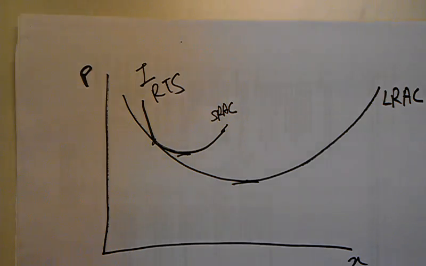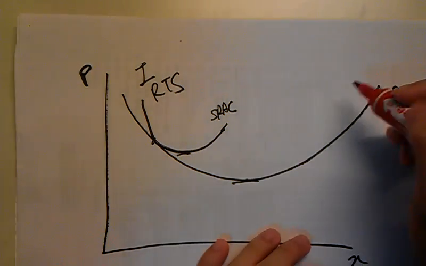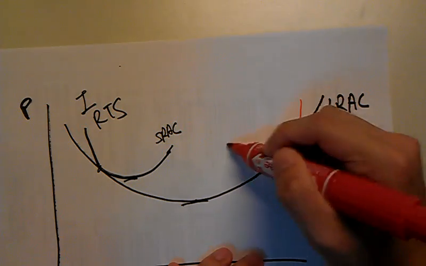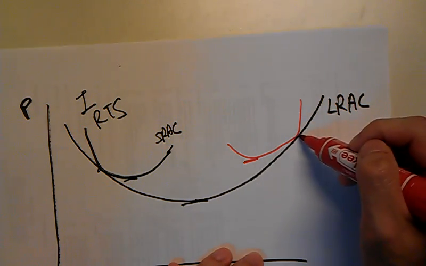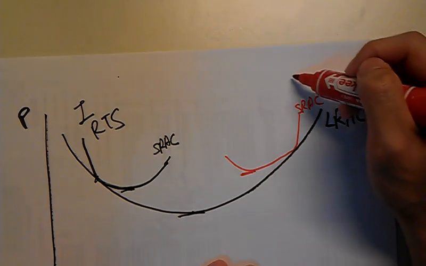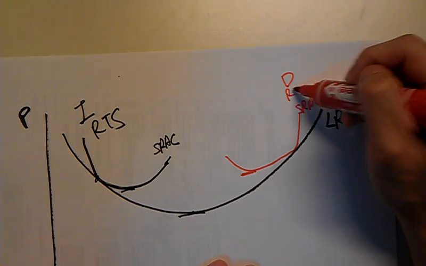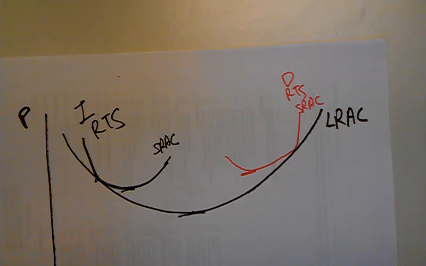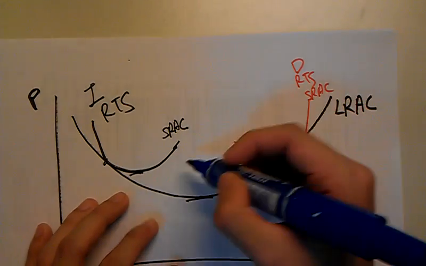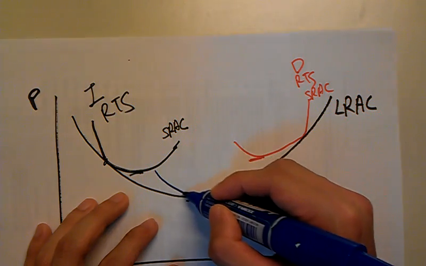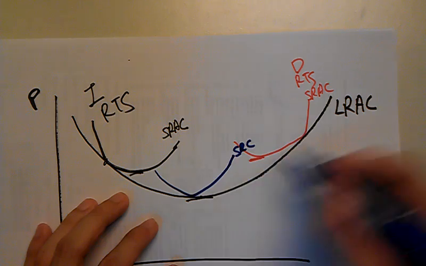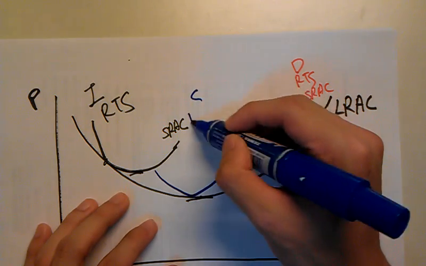For the other end, if the short run average cost has its minimum on the left and the intersection on the right side, the firm is experiencing decreasing returns to scale. For constant returns to scale, the minimum of the short run average cost touches the minimum of the long run average cost.